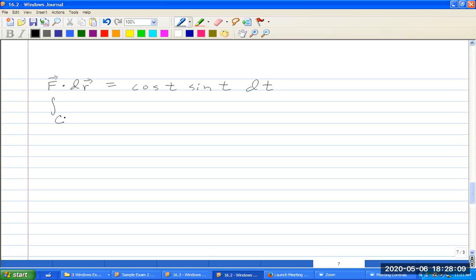So the integral over c of f dot dr is just equal to the integral of cosine t sine t dt, where t goes from 0 to pi. 2 sine t cosine t is sine of 2t.